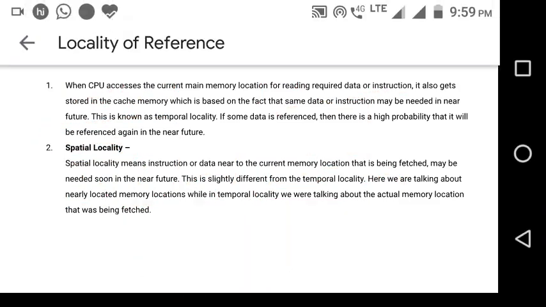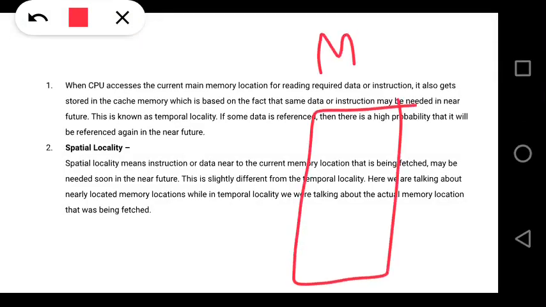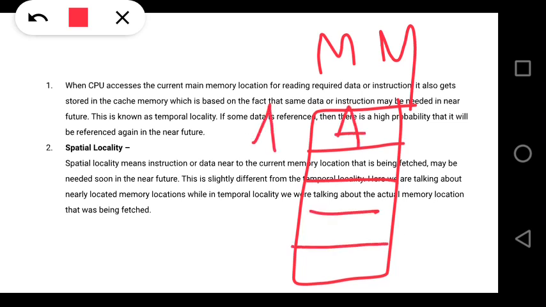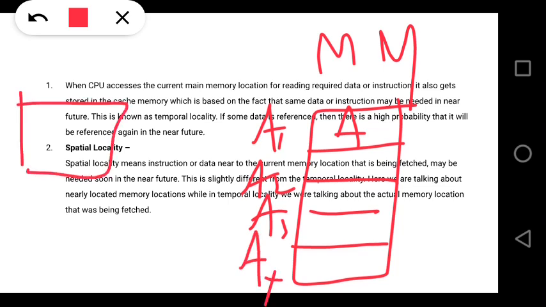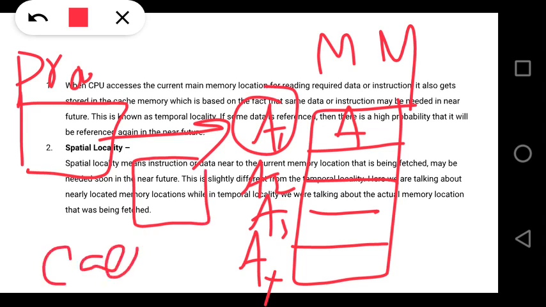I hope you are getting it. Let me explain. If this is my main memory and it is divided into, let's assume, address 1, address 2, address 3 and address 4. The processor is currently issuing address 1, and in the cache memory, if you store address 1, which is referenced recently, this is called temporal locality of reference.